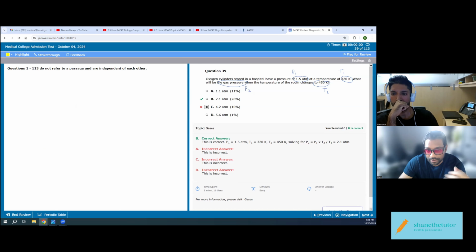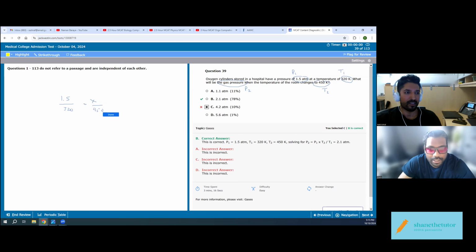If they're proportional, you can make the proportion. I'm guessing what you did was something like 1.5 ATM over 320 equals X over 450.